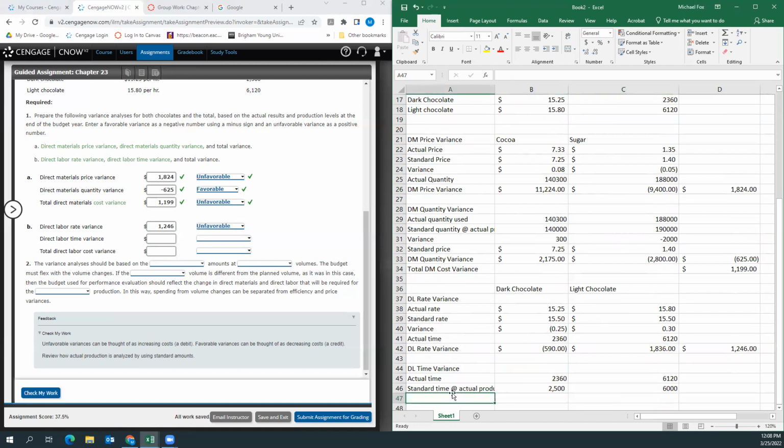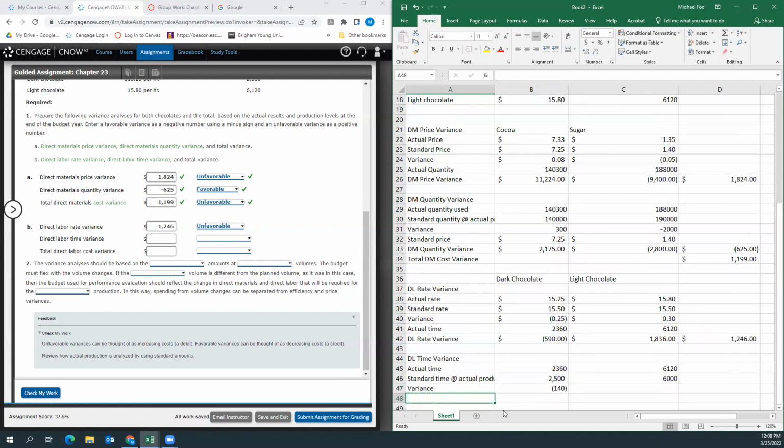So then my variance is my actual time minus my standard time. So I have a 140 hour variance, and that's favorable. It took me 140 hours less than I thought. And then on the light chocolate, I have a 120-hour unfavorable variance, meaning it took 120 hours more than what I thought.